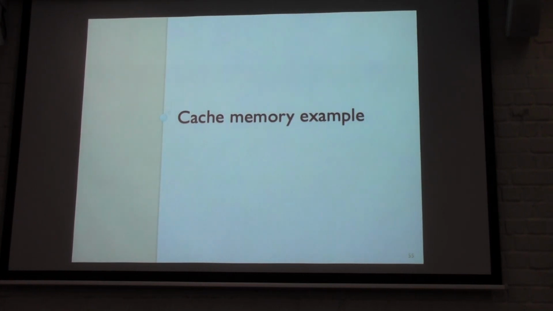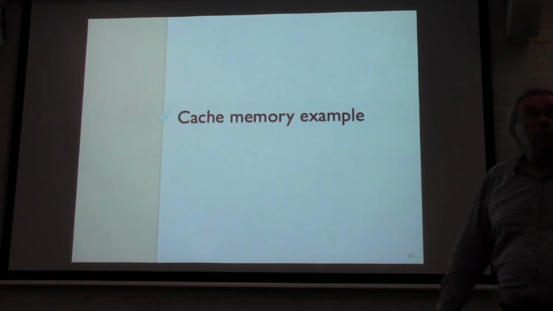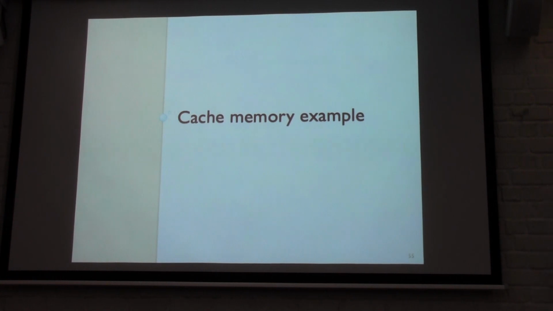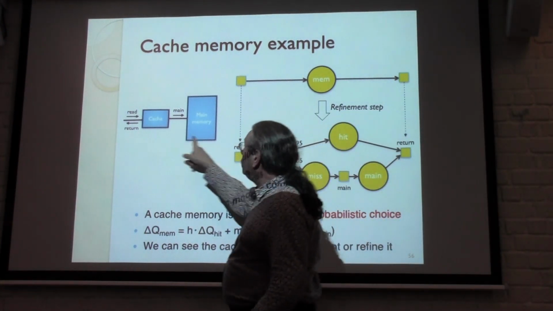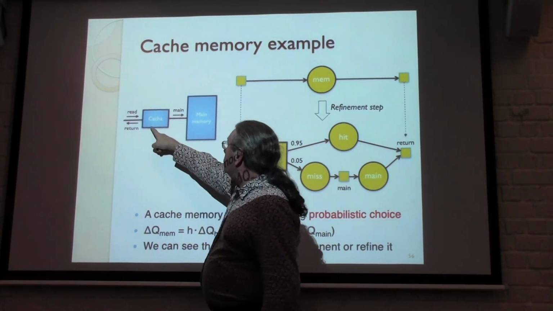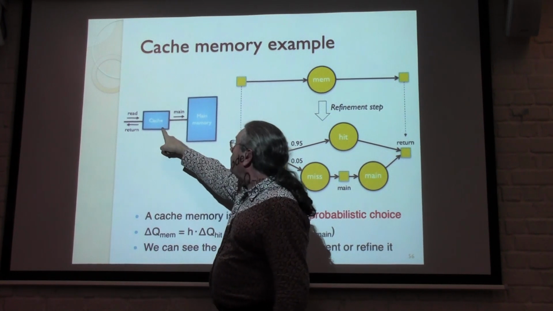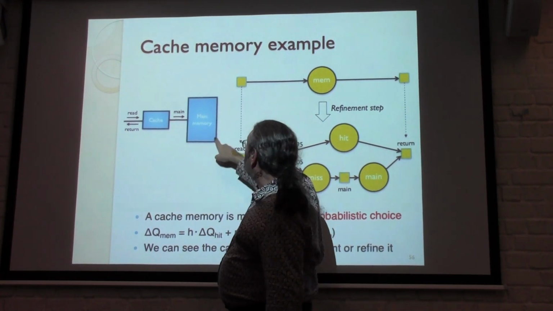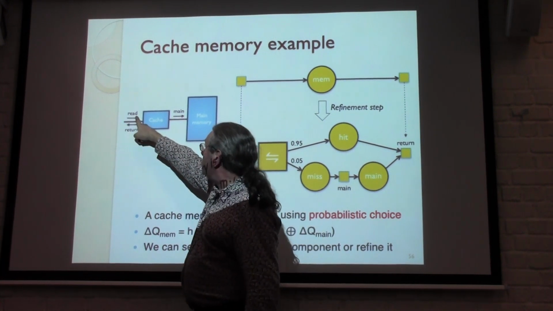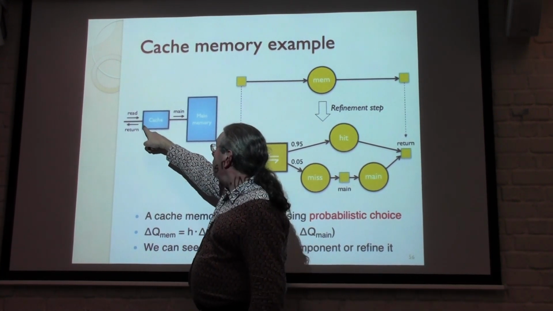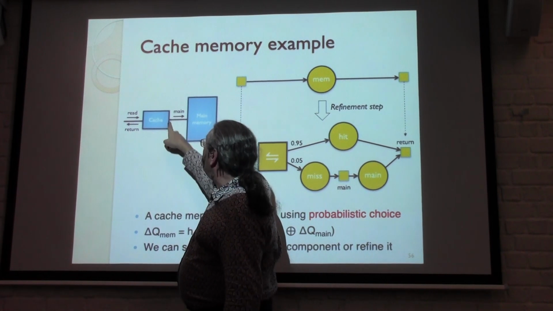So here's an example of a cache memory. Okay, what's a cache memory? Here's a system of a cache memory. So the way a cache memory works is a small, very fast memory sitting in front of a very big, slower memory. And when I do a read from the processor, I first check for the address whether it's in the cache.